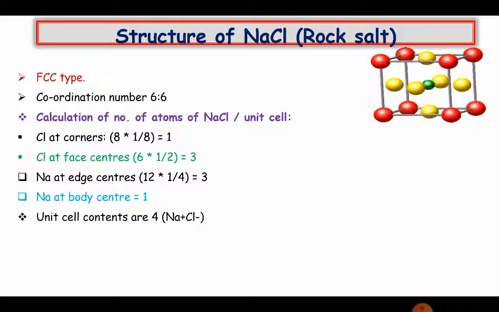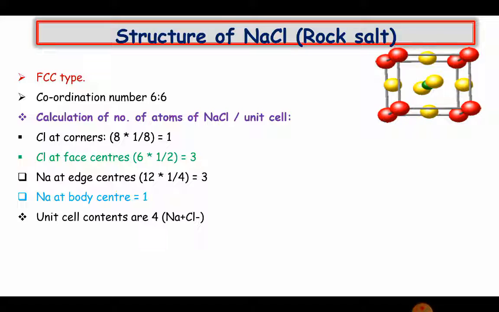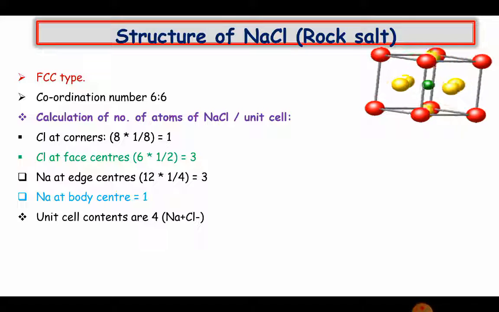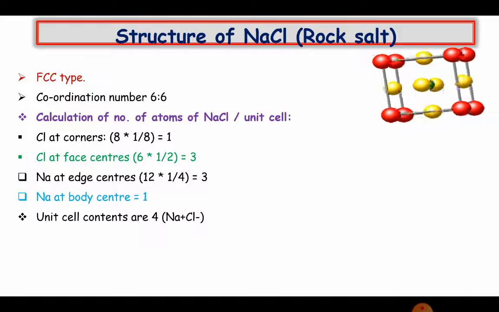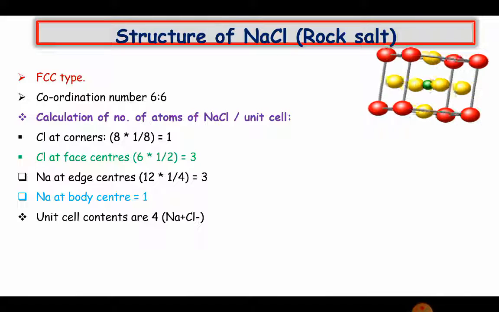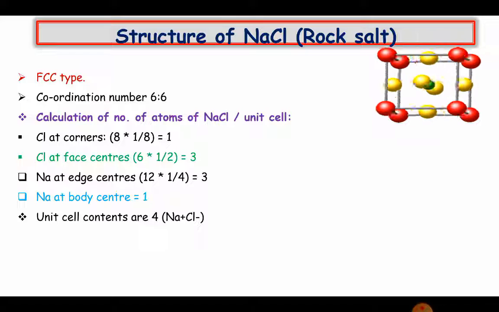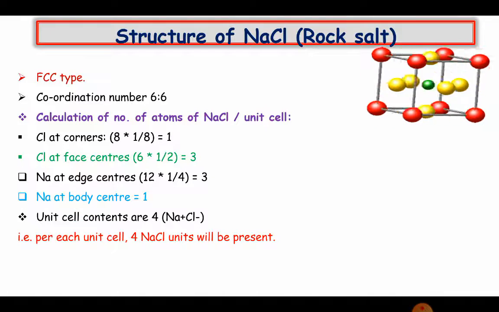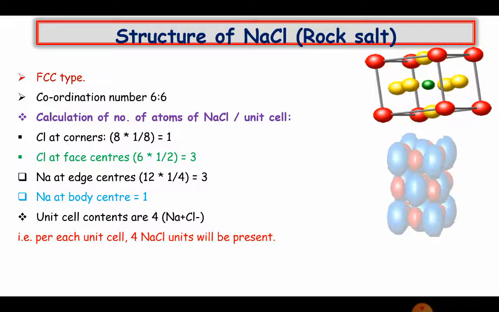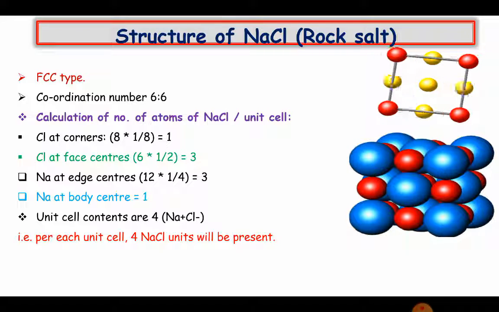So there are a total of 4 sodiums, 1 at the center and 3 at the edges. If you combine them, the unit cell consists of 4 of each, which is why it is an FCC type. So 4 Na and 4 Cl are present in the unit cell.